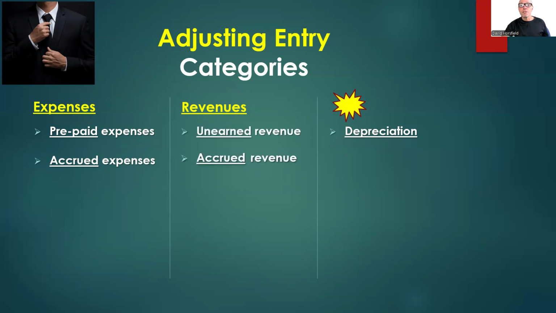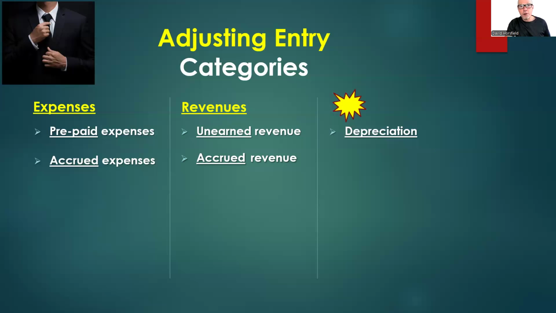Or revenues, unearned revenue, where somebody like a client pays us cash in advance for a future catering gig, where they paid us the money, we owe them the labor and the food. Or accrued revenue, where we've done the work, and we just haven't billed our clients yet. So the revenue's accrued, but we haven't created the accounting process that goes with it.